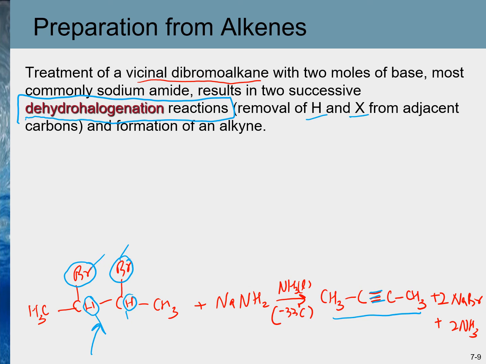However, in order to prepare vicinal dibromoalkane, we can use alkenes. So alkenes are a good source to prepare vicinal dibromoalkanes. So all we need to do is take the suitable alkene. For example, in order to prepare this vicinal compound, we will need to use butene. And the treatment of alkene with bromine in presence of dichloromethane will result in formation of a vicinal dibromoalkane.